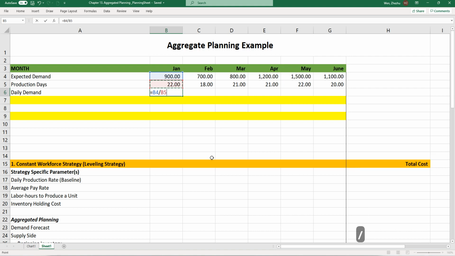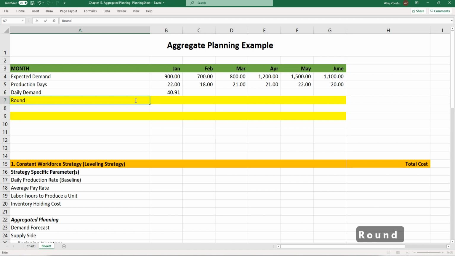Okay, so that will tell us, in order to fulfill 900 demand during January, if we're working 22 days during January, in each day we need to produce this many units. So because this is not an integer number, I'd like to round it to the nearest integer.